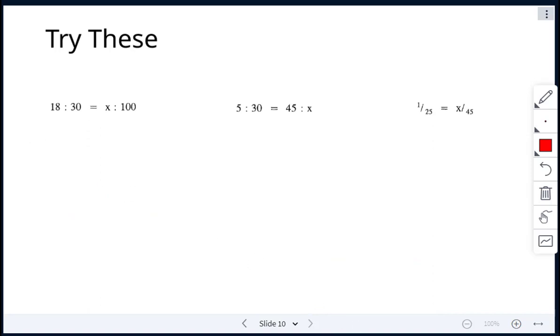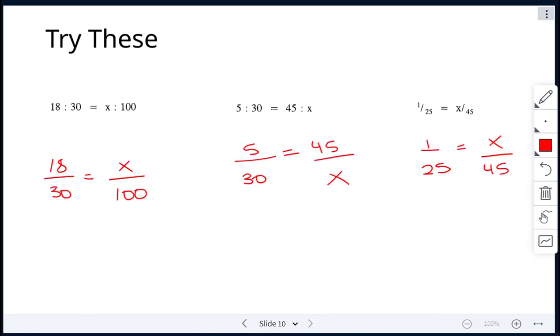All right, I'm going to give you guys these ones to try. Solving all of these, we're going to use the cross multiplication method. We're going to multiply the two numbers that are diagonal from each other. So that's 18 times 100.